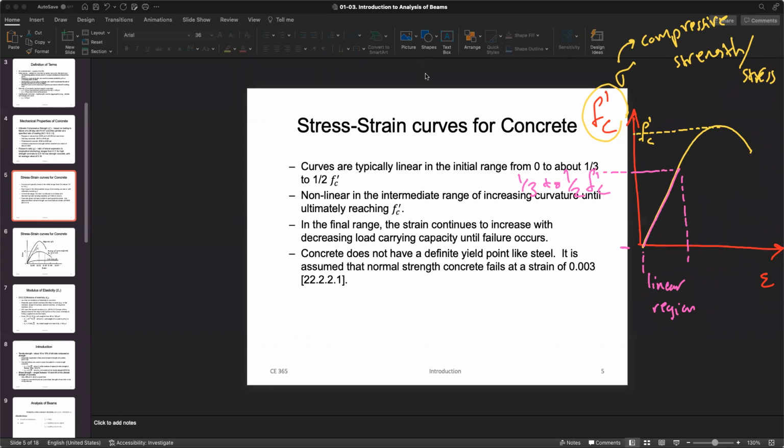So at this point, it became non-linear. We can call it the intermediate region.